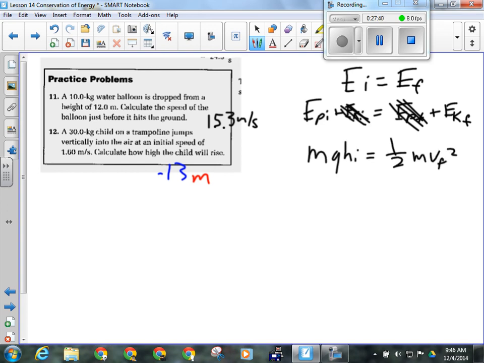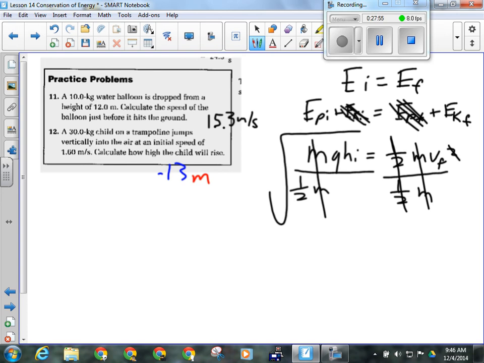I'm looking for V, so I divide both sides by 1/2 of m. You can cancel the m's if you want. If you're not comfortable with that, you don't have to. I always do because I like saving myself work. Then I square root to get rid of the square. So V equals the square root of 9.81 times 12 divided by 1/2.